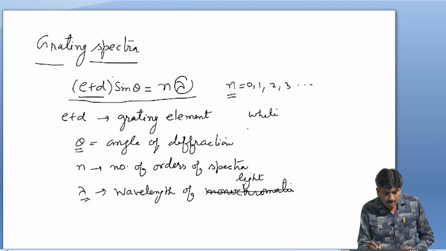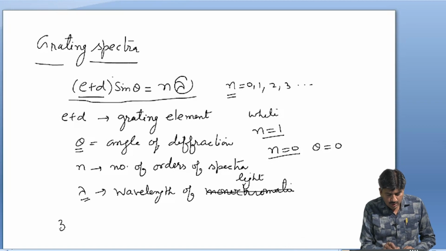The principal maxima of all wavelengths corresponding to n equal to 1 will form the first order spectra, and so on. The principal maxima of all wavelengths corresponding to n equal to 0 will, however, be along the same direction, theta equal to 0.